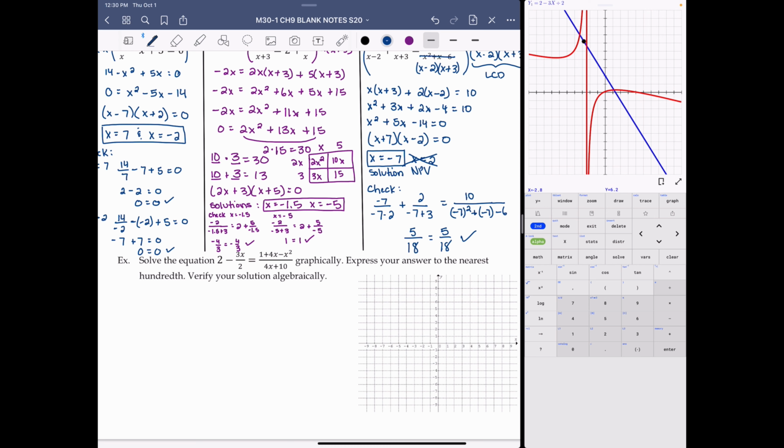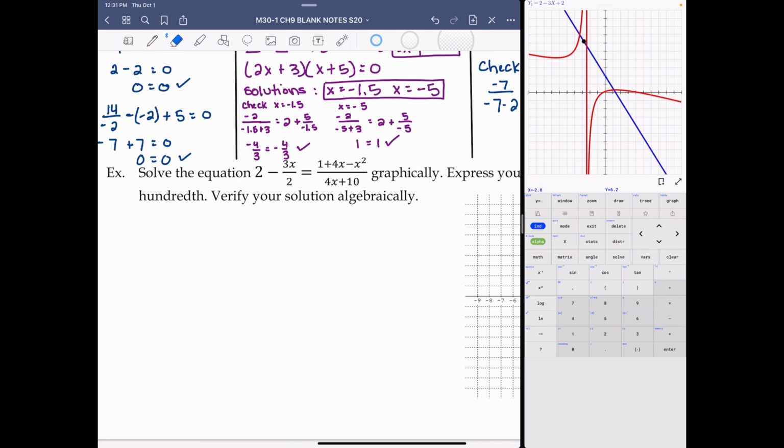So we'll draw a vertical asymptote at negative 2.5. Since we graphed two functions, our solutions would be the x values of the intersection points.